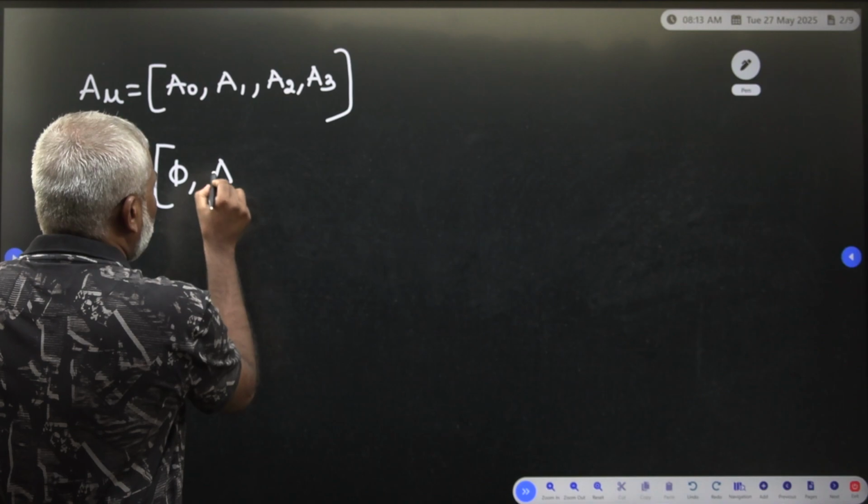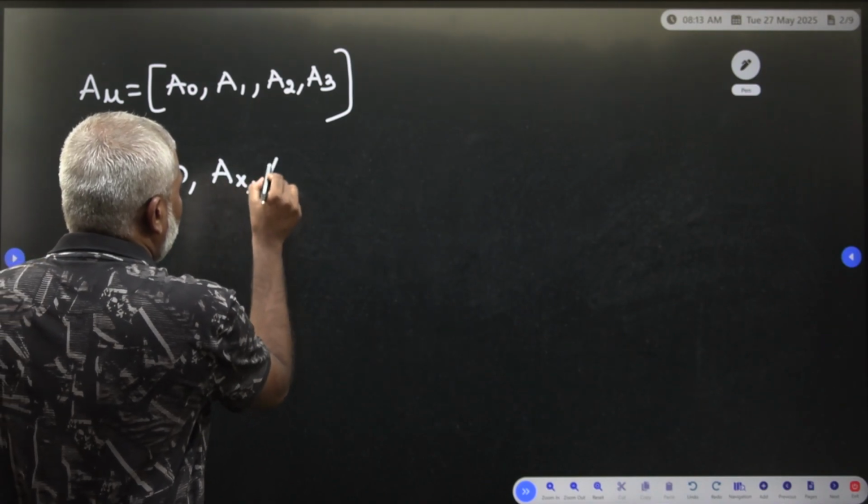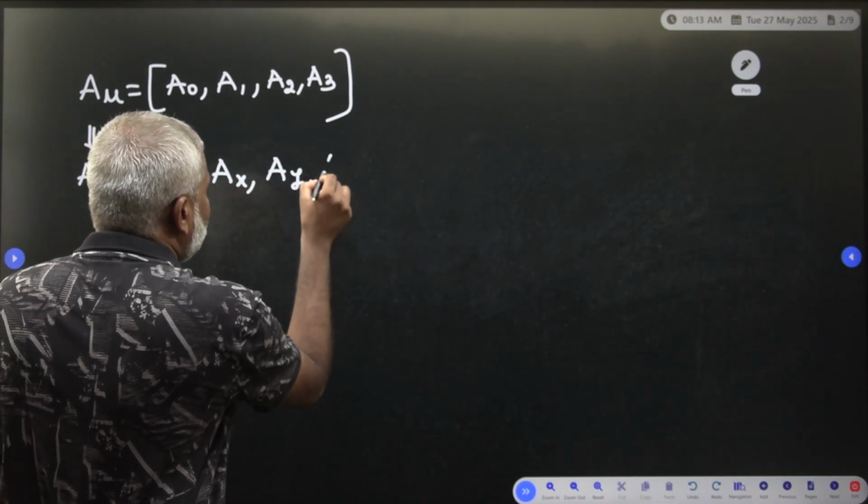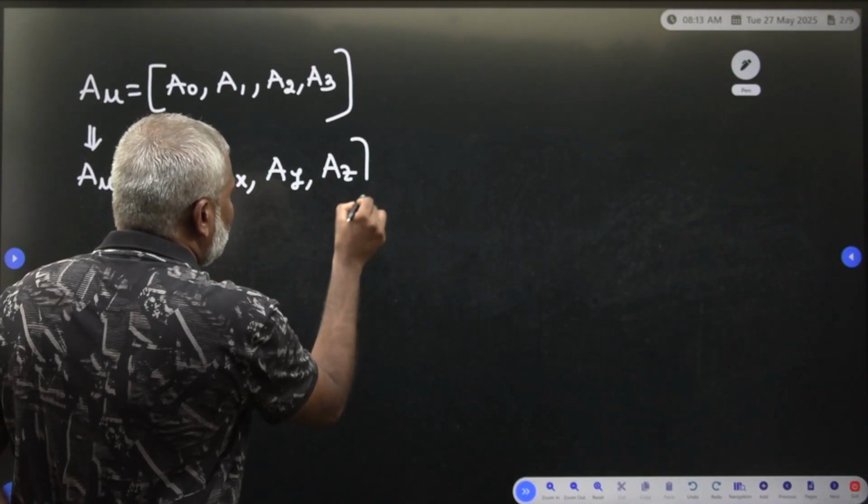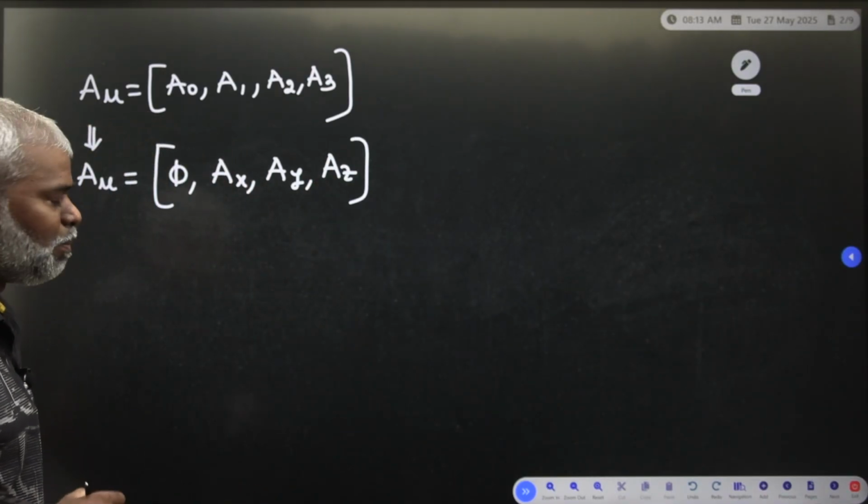A1 is the x component, A2 is the y component, and A3 is the z component.